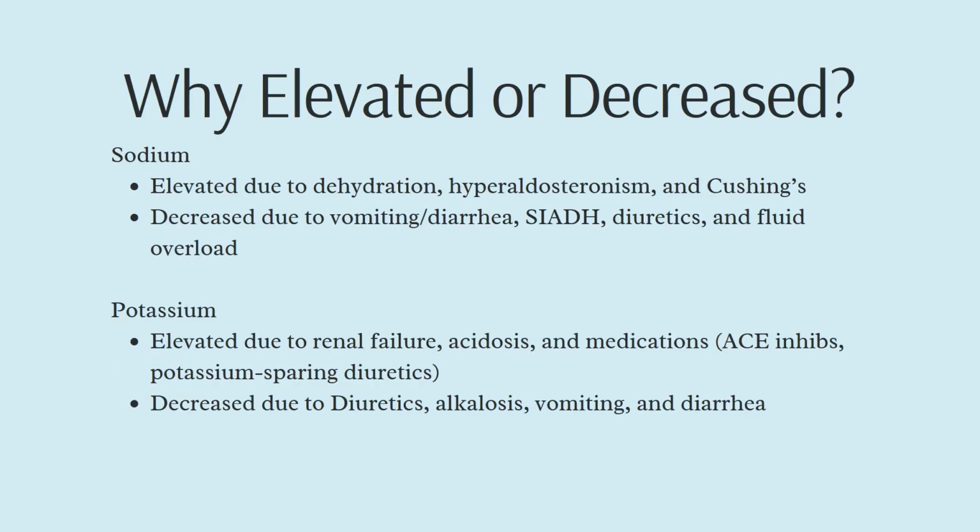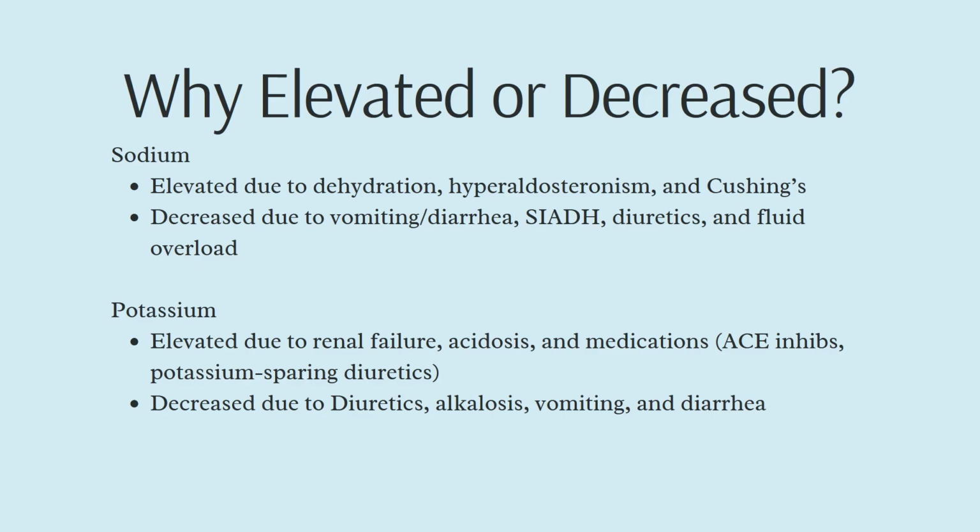So why do they increase or why do they decrease? Sodium is usually elevated due to dehydration, hyperaldosteronism, and Cushing's disease. Sodium is usually decreased due to vomiting or diarrhea, syndrome of inappropriate antidiuretic hormone, which is SIADH, diuretics, and fluid overload.